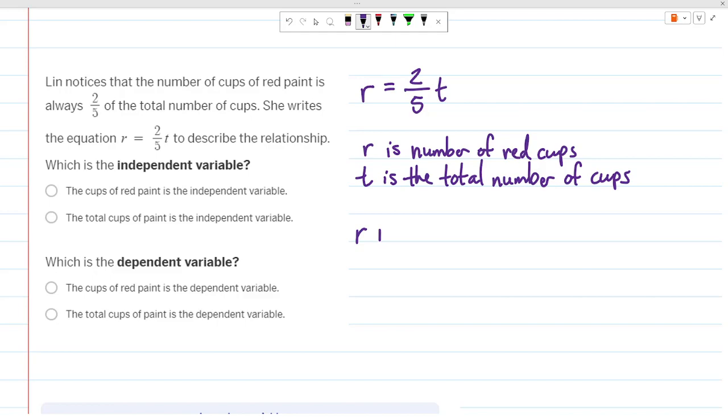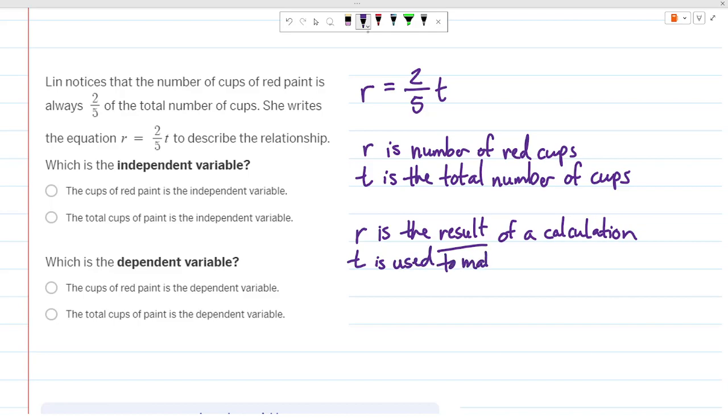And R is the result of a calculation here. And T is used to make calculations, because you take T and you multiply that by 2/5.